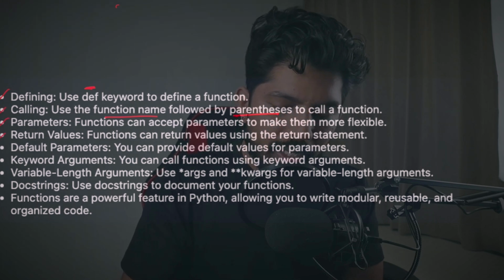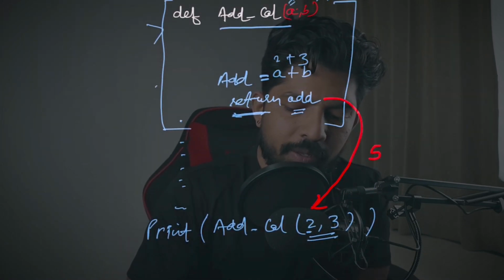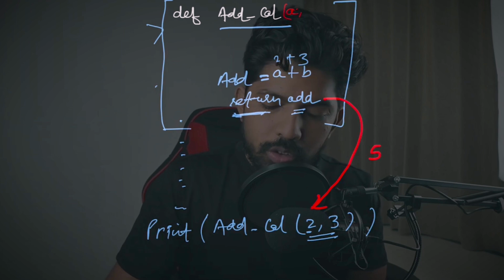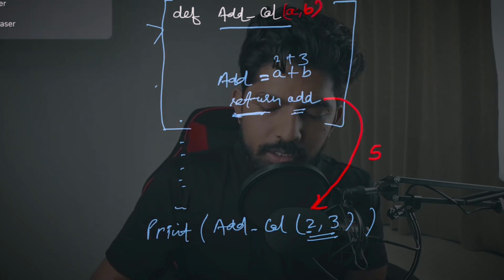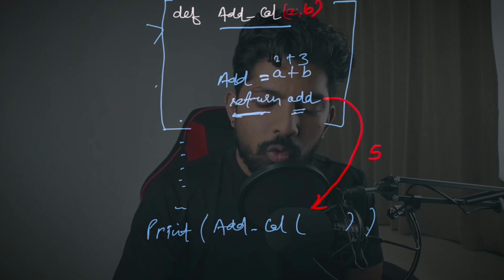Now default parameters. Sometimes what happens is, you pass parameters here, A and B, but somehow the user who is using this function forgot to pass the arguments, right? He just called the function, correct, but without any arguments. So if you don't write any default parameters here, the function will throw a very dirty error. Dirty means it's not good looking.